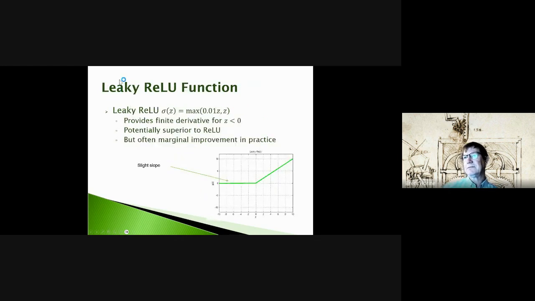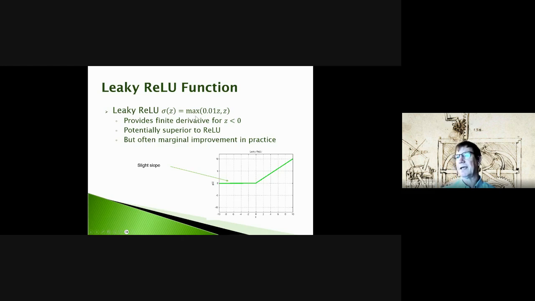So a slight revision on that is the leaky ReLU function. Here we can provide a finite derivative for z less than 0. This is potentially superior to ReLU in practice, and this way, if you do have values here that are negative, you've got some finite derivative that can push your solution in the optimization process.